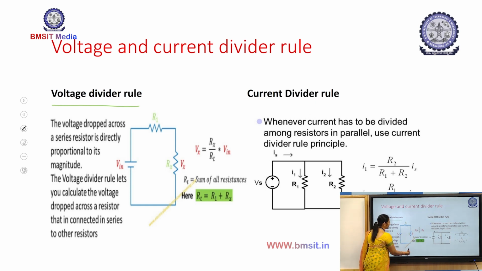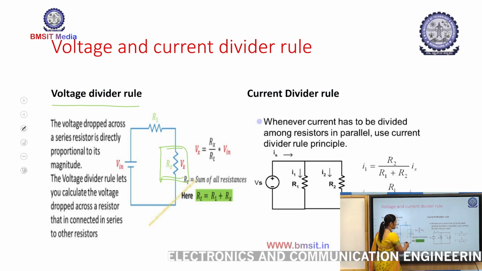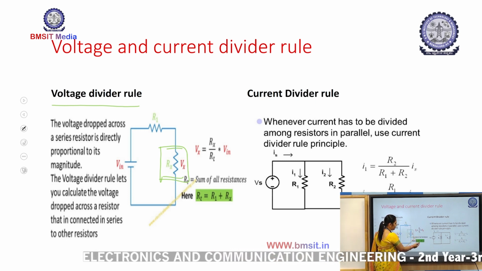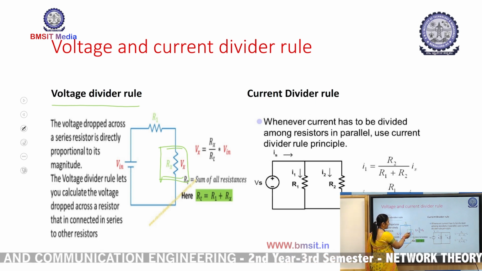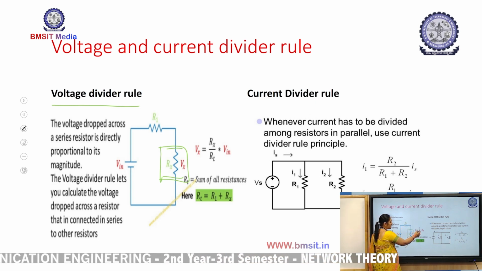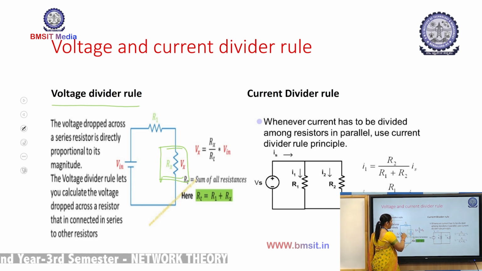For example, in this network, this resistor and this resistor are connected in series, and if I want to find the voltage across this resistor, Vx will be equal to Rx by the total resistance. The total resistance is nothing but R1 plus Rx, where R1 is the series connected resistor with respect to Rx, into Vin. So this will be the voltage across Vx.